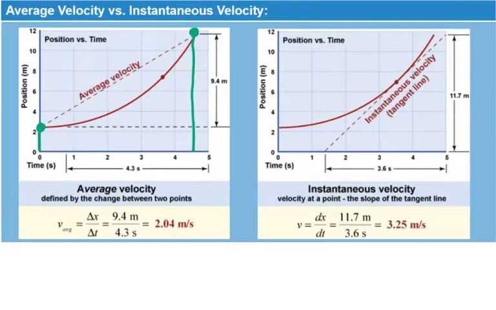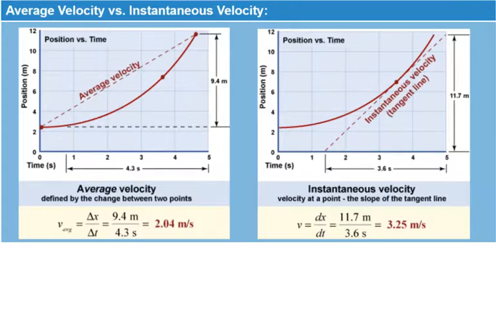Between 2 and 12 is exactly 10 meters traveled, and it took 4.5 seconds. Or if you take exact numbers the way they give you, they will say the distance traveled is 9.4 and the time is 4.3 seconds. That gives you average velocity.